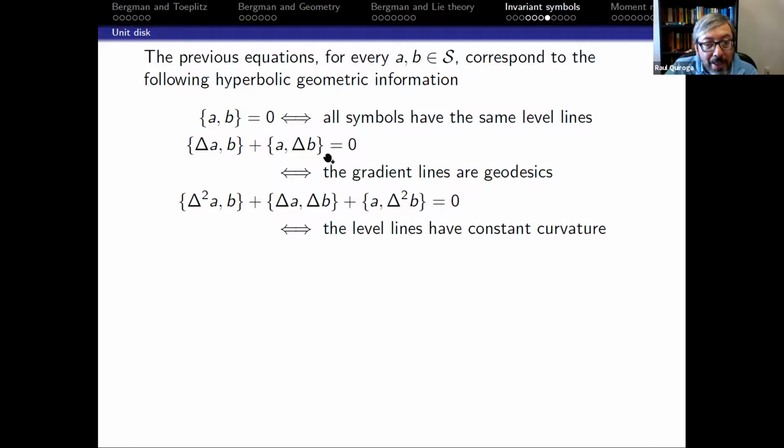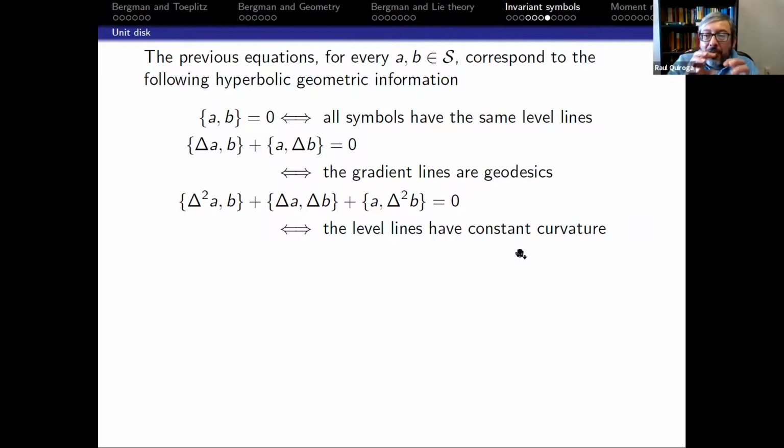This is more complicated. It means that the gradient lines, the lines that integrate the gradient vector fields, are geodesics in the hyperbolic geometry. And this can be seen to be equivalent to the fact that the level lines have constant curvature.